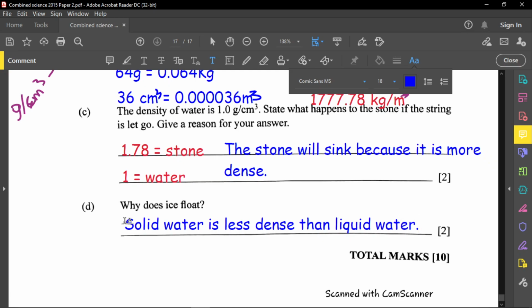That's why it floats. And the reason for that is because water expands on freezing, and when it expands, the volume increases, and therefore the density decreases, because a higher volume over the same mass gives you a lower density. Again, water is the only solid that expands when frozen, and therefore it decreases the density. So water is less dense as a solid.